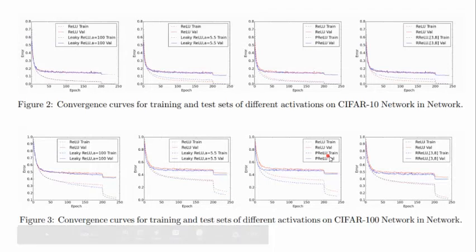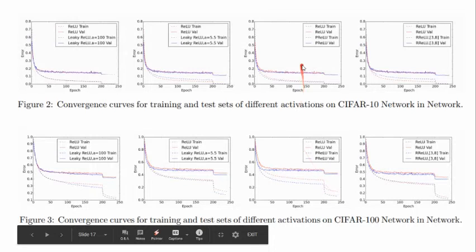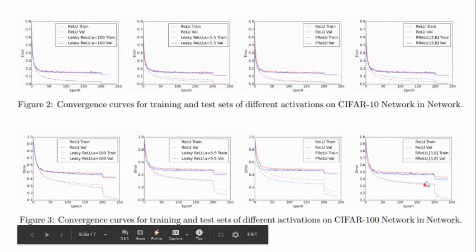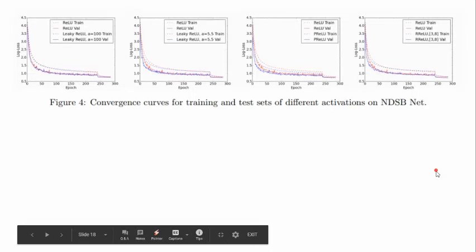When it comes to parametric ReLU, it overfits the model, as we saw in this case as well, and randomized ReLU performs better than normal ReLU. Moving on, we'll see the same trend for NDSB net as well.